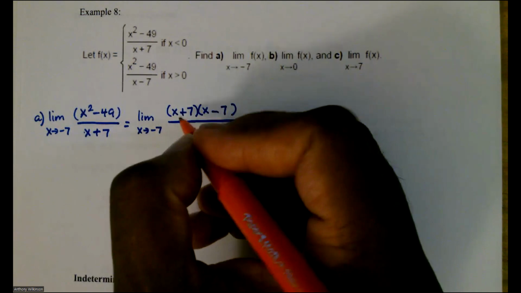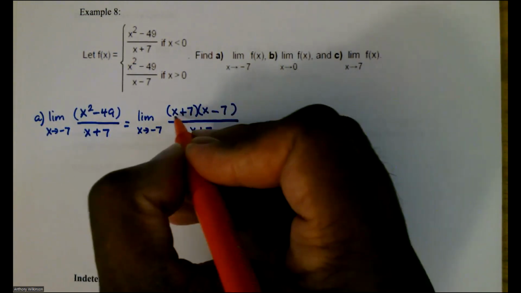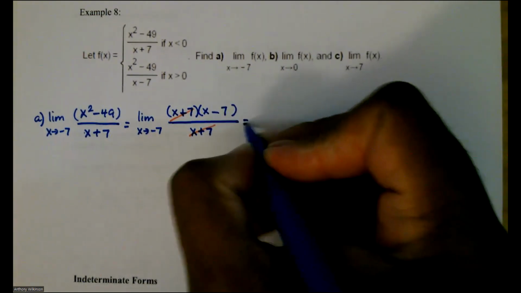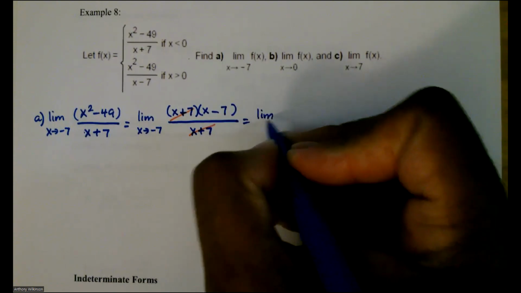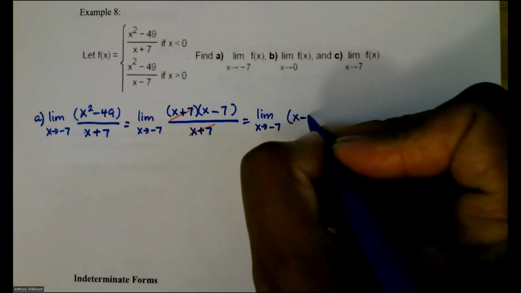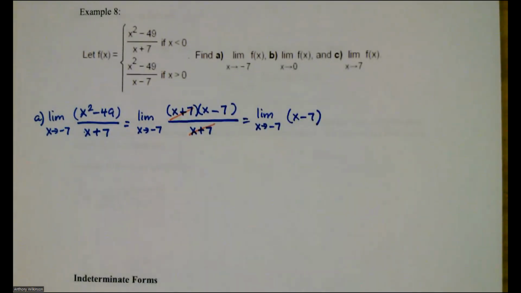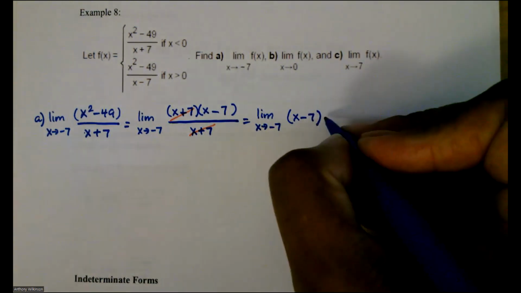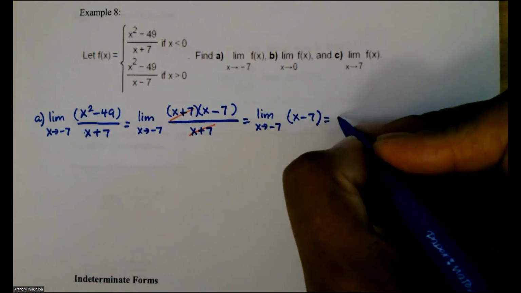So now we got x plus 7 in the numerator and the denominator. We can divide that out. So we will simplify this as the limit as x approaches -7 of the quantity x minus 7. Now we can apply direct substitution by replacing the x with -7, because we won't get a 0 in the denominator because of its simplification here.